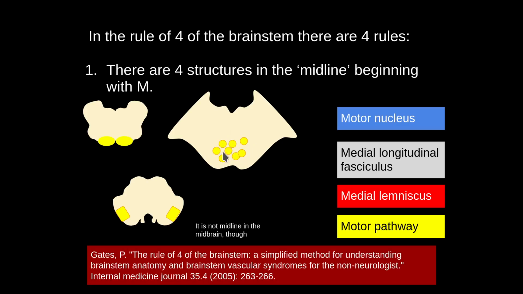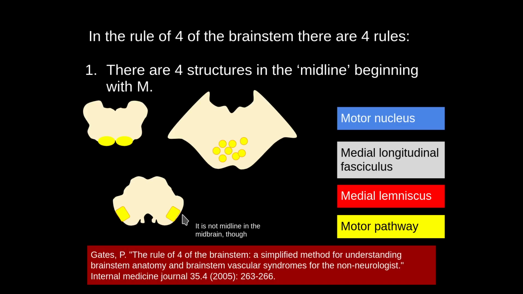Before it became this, it was actually this in the midbrain. It is a descending fiber tract. So it came from upstairs in the cerebral hemispheres, ended up here in the medial third of the cerebral peduncles of this midbrain here. So again, it's not in the midline though, if it's in the midbrain.